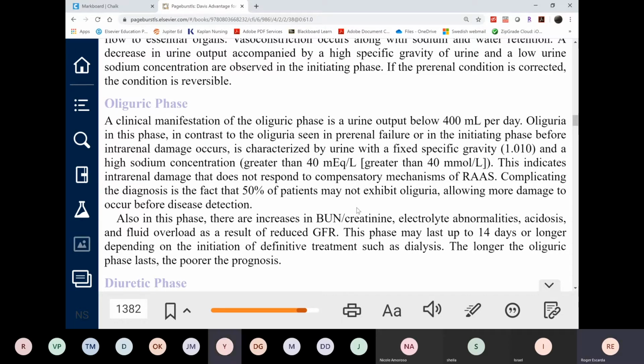Diuretics. Very good. See, you guys know this because we haven't even looked at the interventions. You have the basic concept. Okay, what else? So we can give diuretics to push this patient to the next phase.